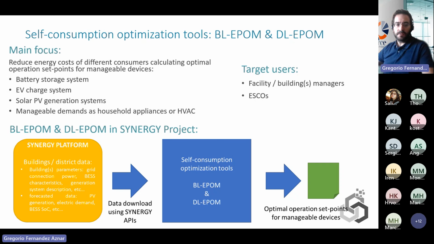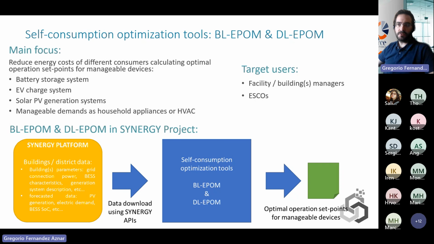So this is why we have developed two tools for building and facility managers, ESCOs, our target users. They are the building level EPOM, a tool to optimize the self-consumption of single buildings or single consumers, and district level EPOM, DL EPOM, to optimize demand of groups of buildings or groups of users.